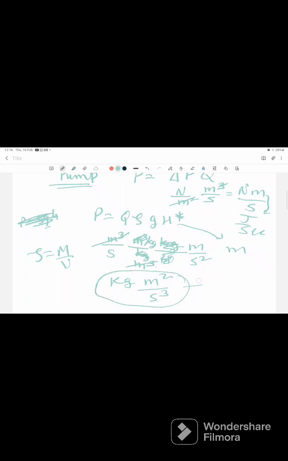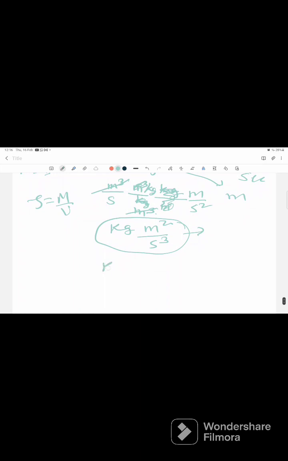This is again an equation like a kilo force. Newton, work done Newton meter, mass into acceleration.